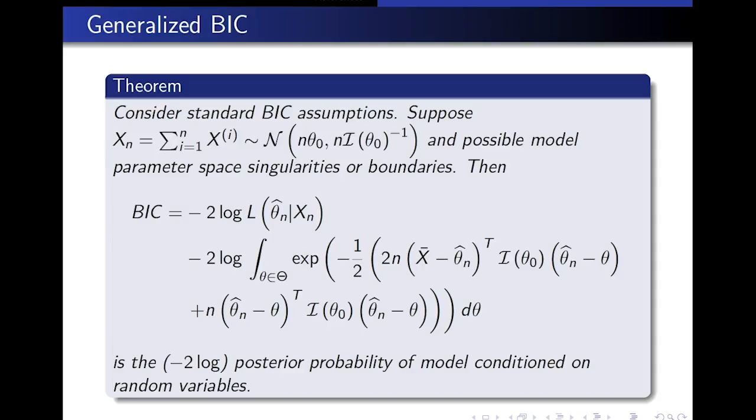So we can obtain the more general form of the BIC that is valid for models that have singularities and boundaries as well as regular models. The penalty term here, which is the second and third terms, is found by integrating out the parameter space of the candidate model. Again, the penalty is a function of sample size n, the mean of the random variables x bar, and the MLE theta hat n.